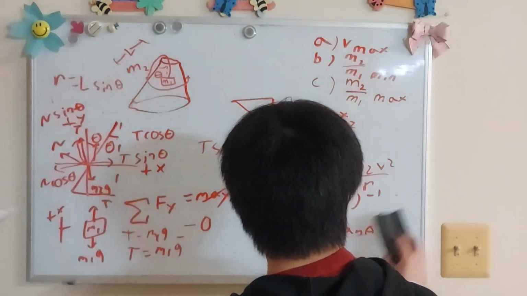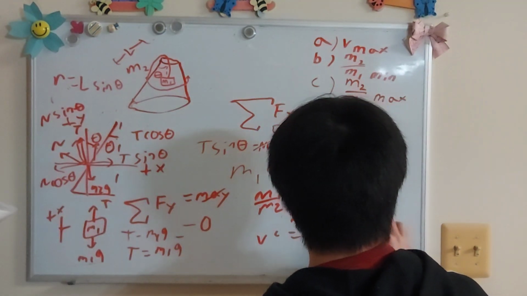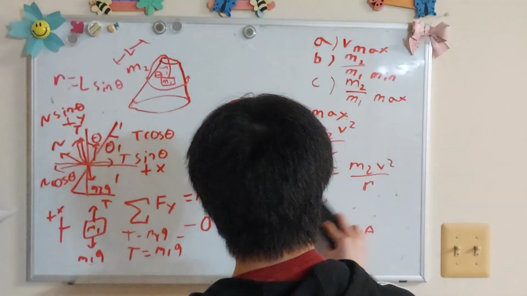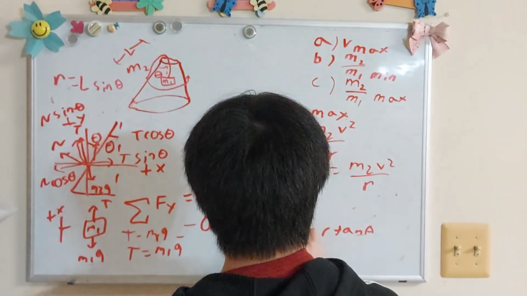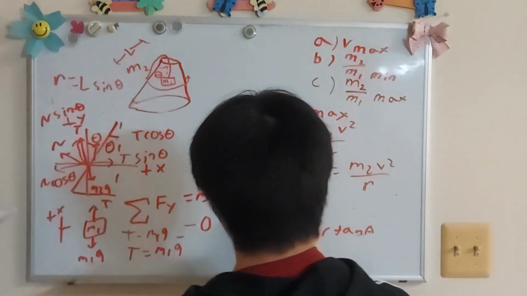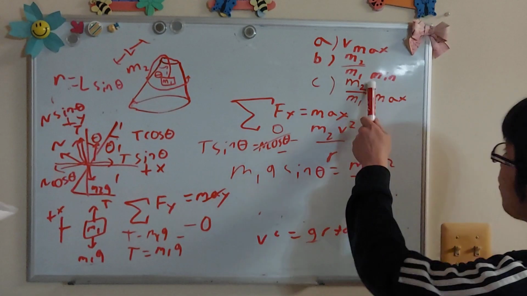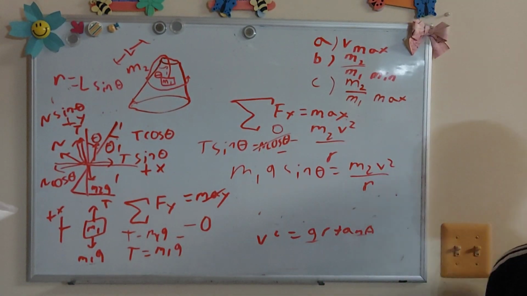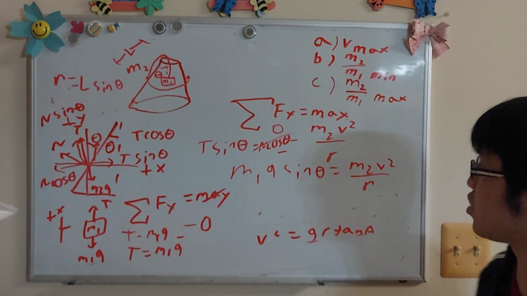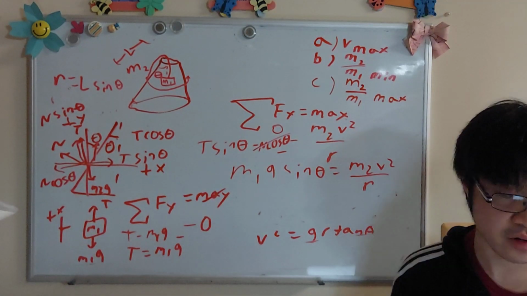Hopefully that brief explanation makes sense. That just means that the bigger the velocity, the smaller the ratio, which is what we want to find, and the smaller the velocity, the bigger the ratio, which is what we want to find in C. We'll get to that later.